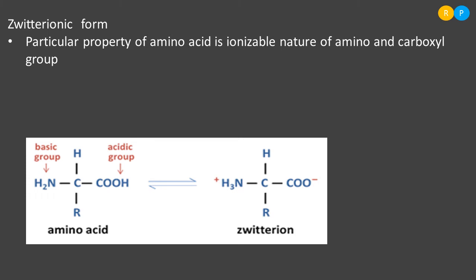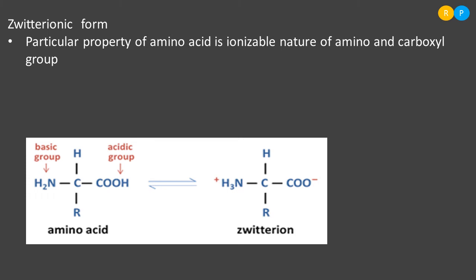When we dissolve this amino acid in water, water is a neutral liquid, right? When we place the amino acid in a neutral solution, ionization takes place. Understood? The hydrogen from the carboxyl group is received by the amino group of the amino acid.